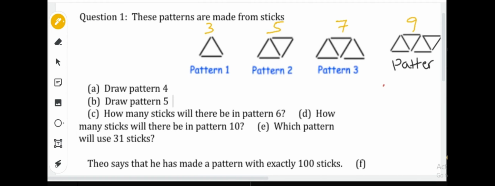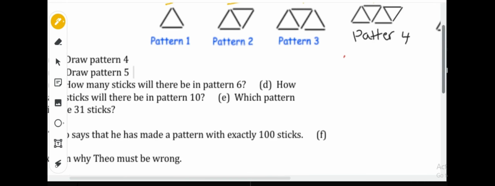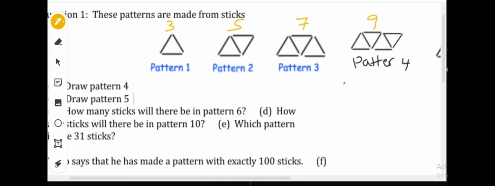Now another way we could have done it is to find the position to term rule. Remember, the formula is a plus (n minus 1) times d, where d is the term to term rule or common difference. The a is the first term, 3.